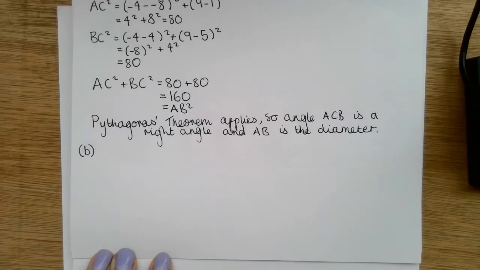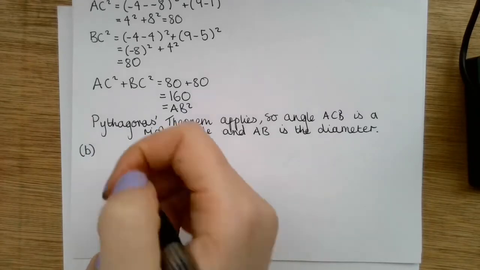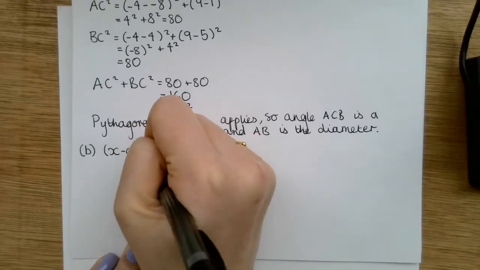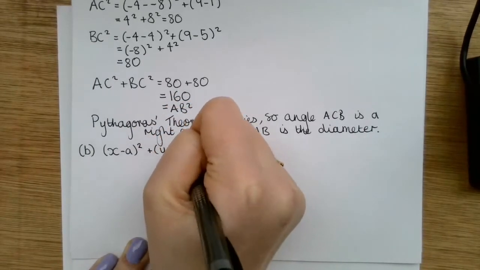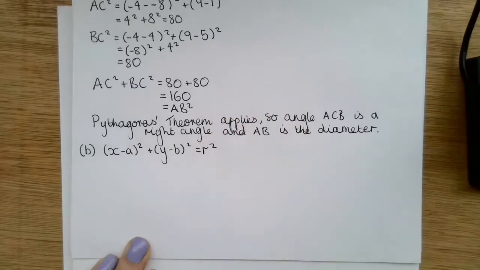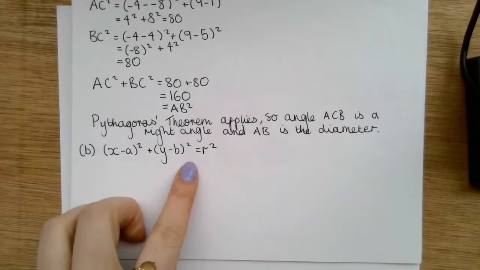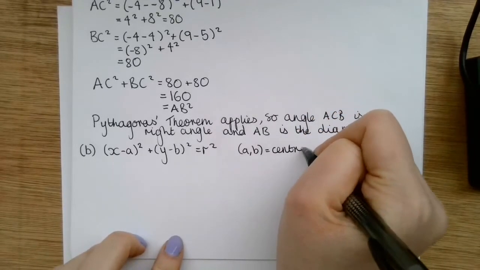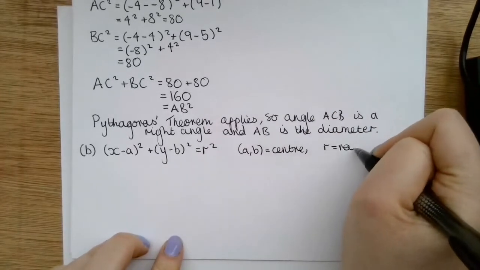For part B, we're asked to find the equation of the circle. So we know that an equation of a circle is of the form (x minus a) squared plus (y minus b) squared equals r squared, where (a, b) is the centre and r is the radius.